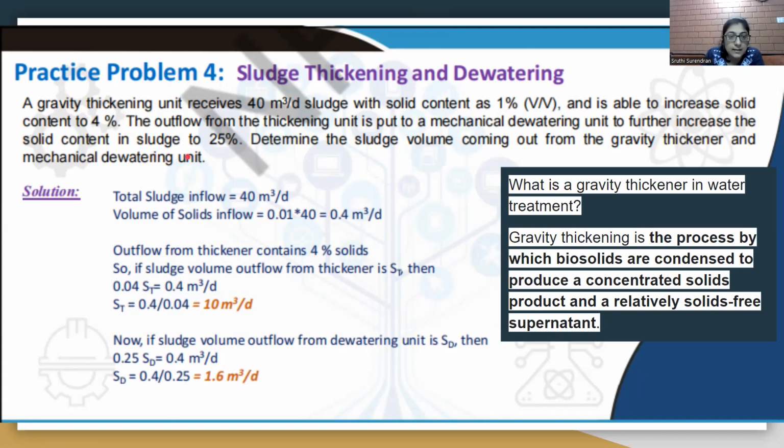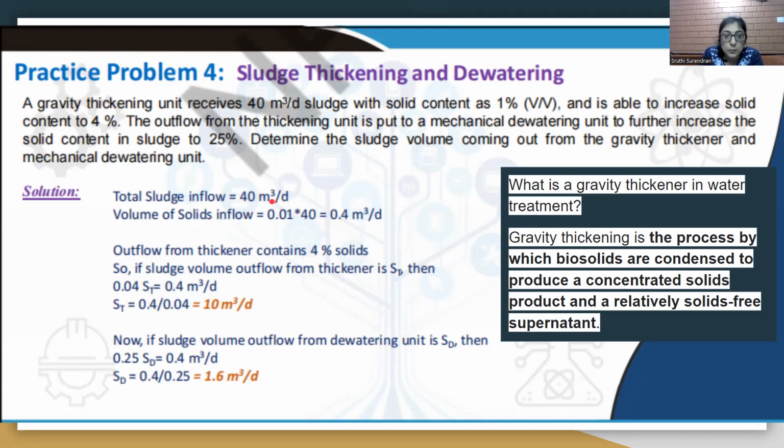So the data that we have been given here is the inflow sludge. The total sludge inflow given here is 40 meter cube per day. Now they have said that the solid content is 1% volume of solids to volume of sludge. So if you multiply this 1% value, that is 40 into 0.01, it is going to give us the volume of solids in the inflow.